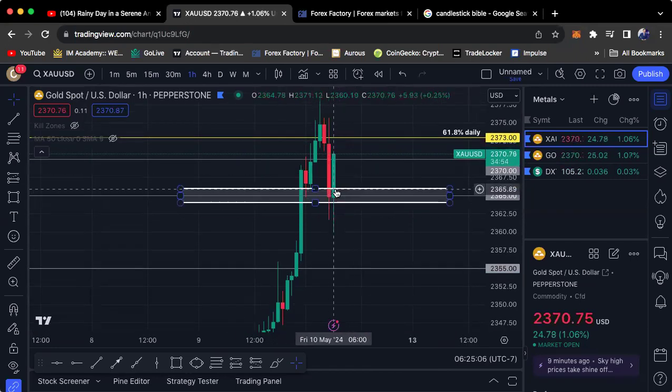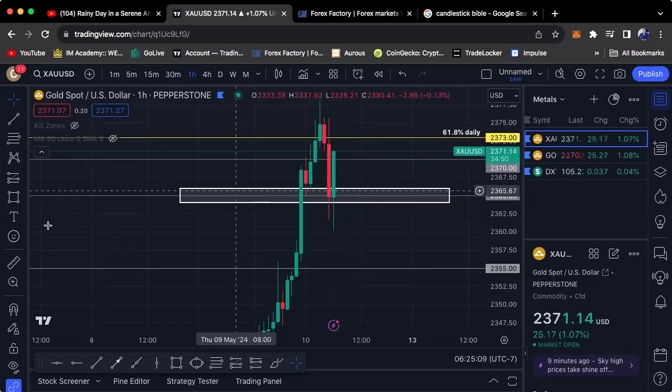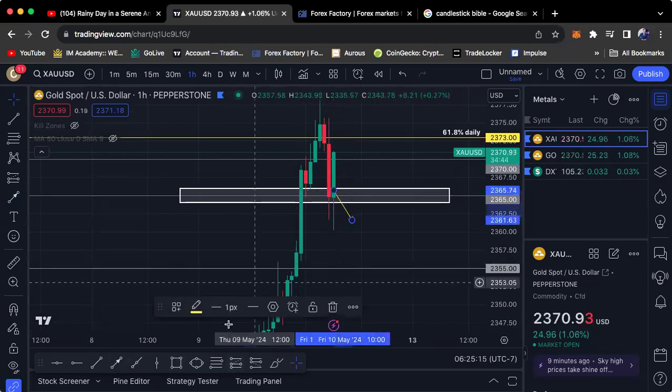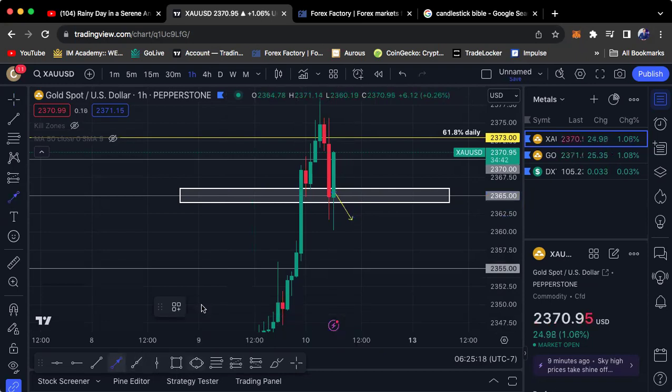Okay, if price breaks below here, expect the retest, wait for the retest.